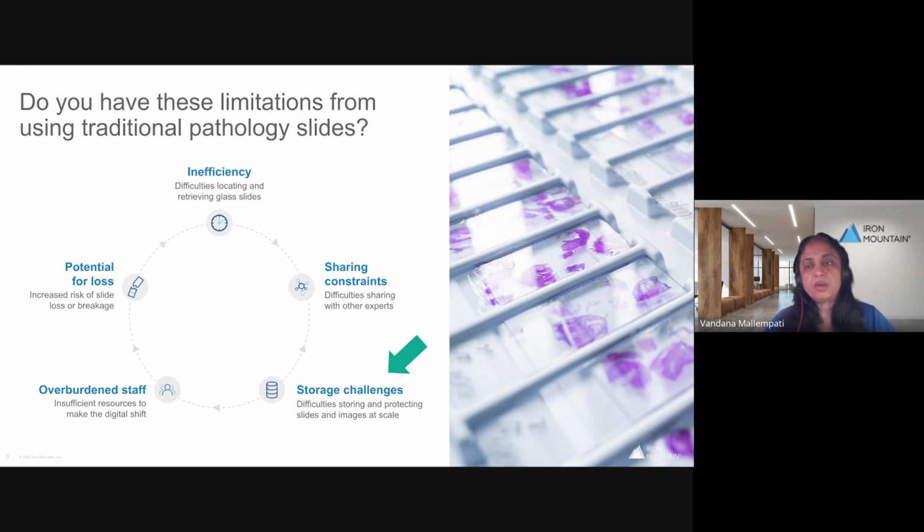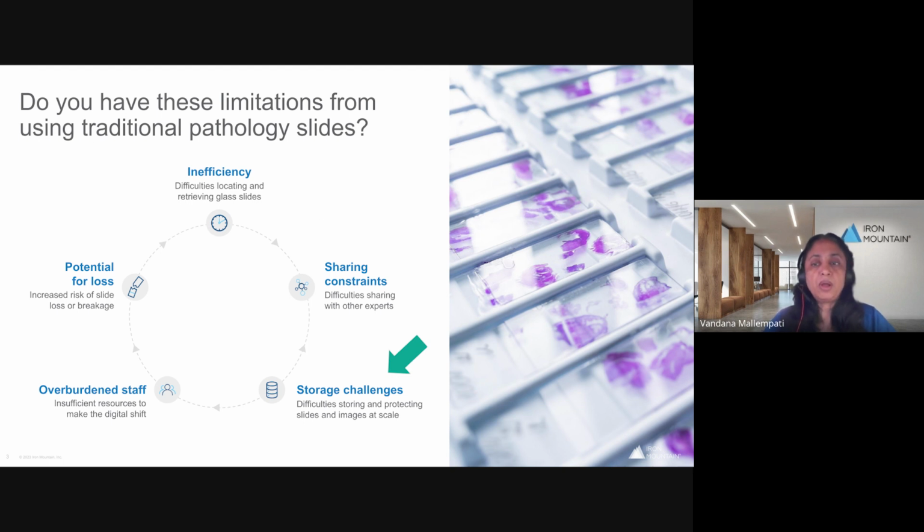This might be because the slides were previously retrieved and the accession may have been separated slightly. Perhaps it was moved and it's on site somewhere, but the customer is not sure exactly where it is. All these examples drive inefficiency when dealing with physical glass slides.